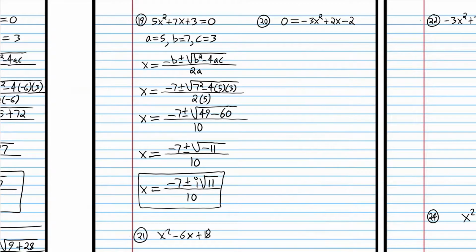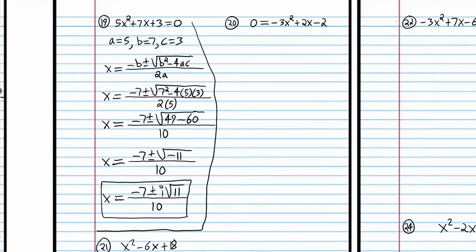Now, I want you to be aware that it's kind of confusing because really technically all solutions are complex solutions. But because this answer has an i, we call it a complex solution, while the other solutions, we call them real solutions where they don't have an i, which doesn't really make sense based on the definition of complex solutions, but that's just kind of a flaw in the logic when it comes to the math curriculum.